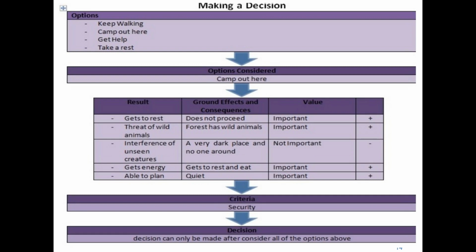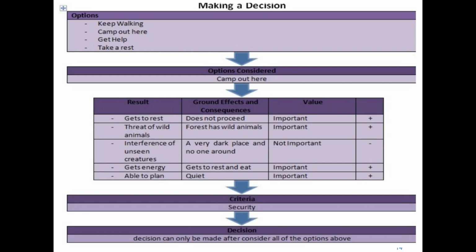You can see column number 1 is about the options. You are already lost in the forest, so how many options do you have? In this slide we have 4 options: keep walking, camp out here, get help and take a rest. So 4 options. Which option will you take? It is answered under the option considered in the second column.